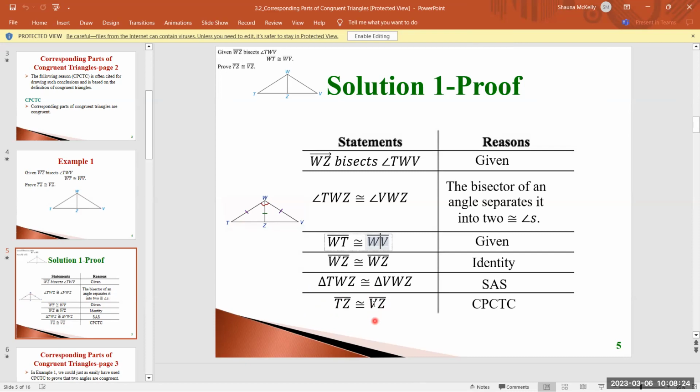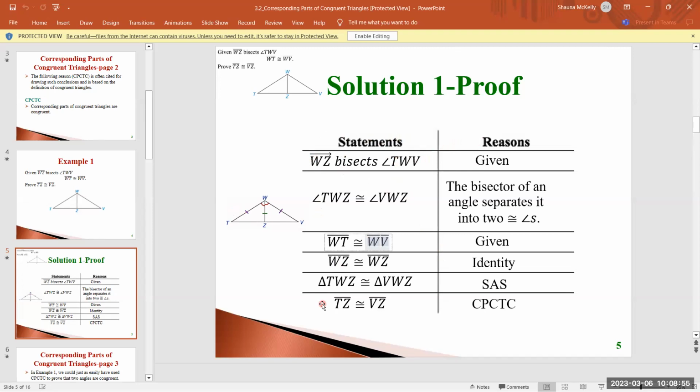But the structure of a proof is always the same. Statements on the left, reasons on the right. Start with something given. If you have more than one given, some people put all the givens first, but sometimes it's easier to split your givens and put them in logically where they would follow. But a proof always starts with at least one given statement, and it ends with whatever the statement is that you're trying to prove.